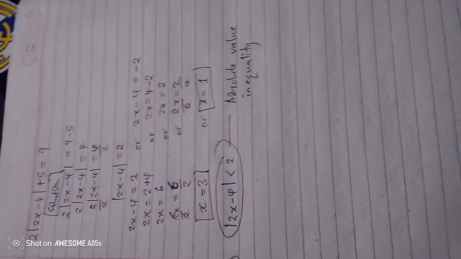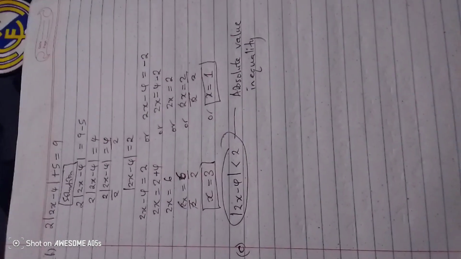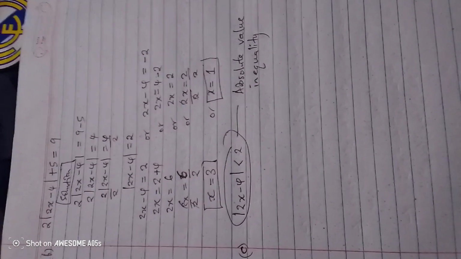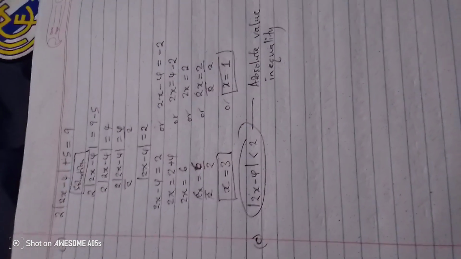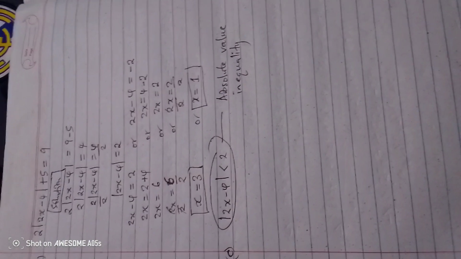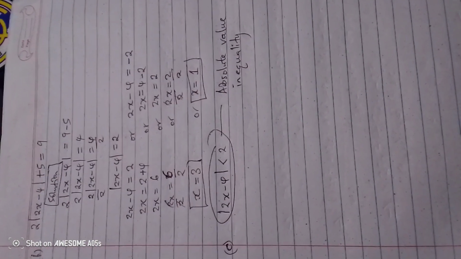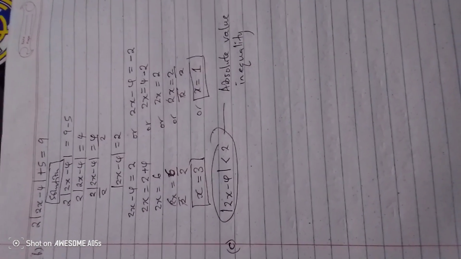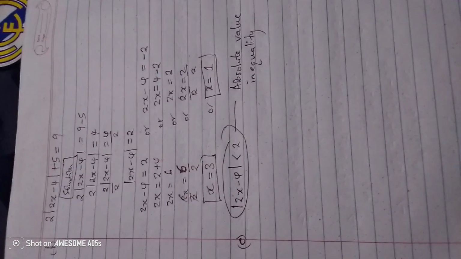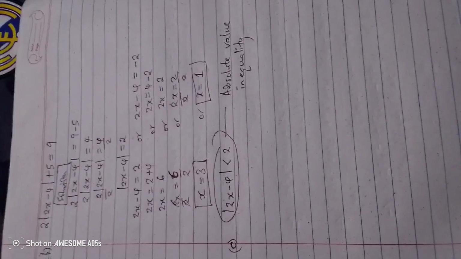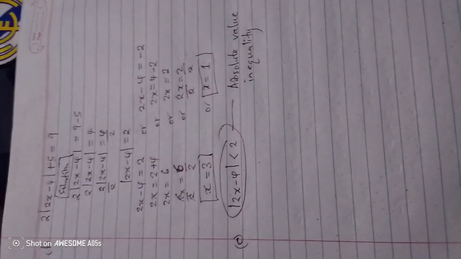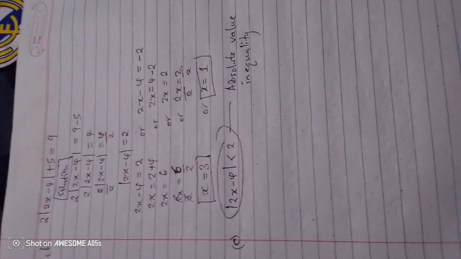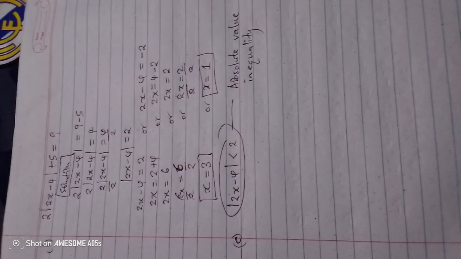But when you say it is equal to this, you are sure that this is the only answer. But for inequalities, it carries more than one answer. So that is the difference between an equation and an inequality. An equation has a specific answer, whilst in an inequality, there are two or more answers. In short, there is a variety of answers.